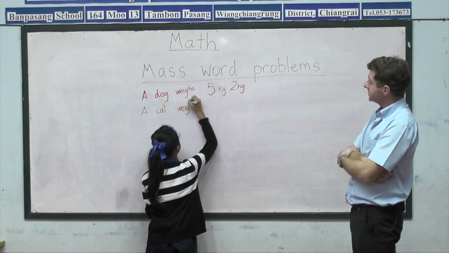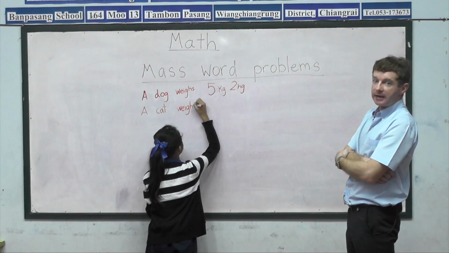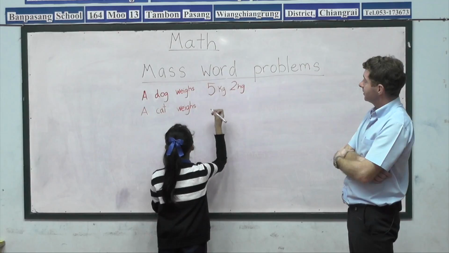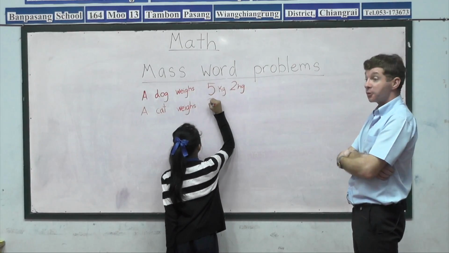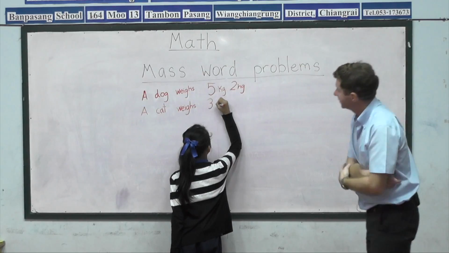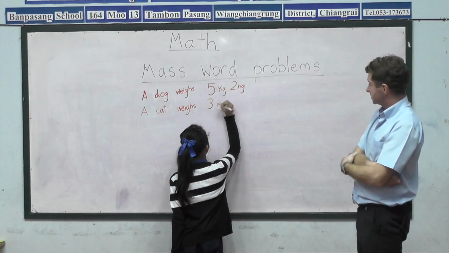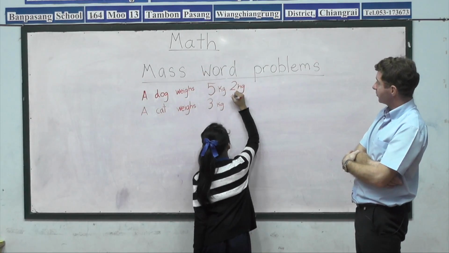A cat weighs how many kilograms? 3 kilograms. How many hectograms? 1 hectogram.